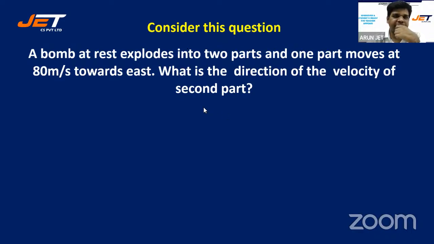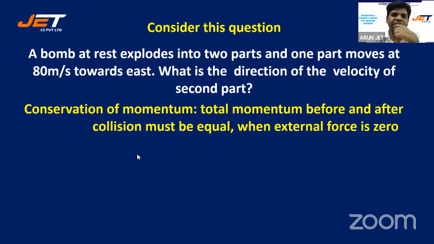All right. Now let's see how we logically conclude what the direction should be. Conservation of momentum. The total momentum before and after collision must be equal. So before and after the explosion, the momentum should be equal when the net external force is zero.